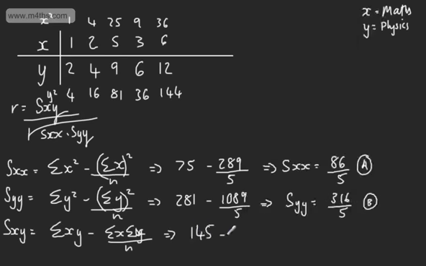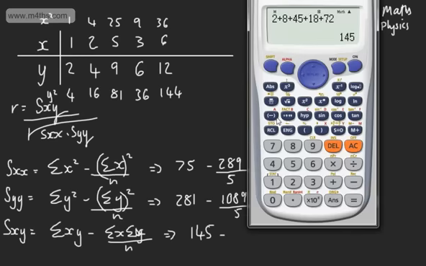Okay, now we're going to subtract away these two. Now the sum of x multiplied by the sum of y. And again, if I'd been more careful, I could have just done this. So what we're going to have then is 1 plus 2 plus 5. This is now the sum of x, plus 3 plus 6. And we'll now multiply this by the 2 plus the 4 plus the 9 plus the 6 plus the 12. And on that we're going to have now 561.